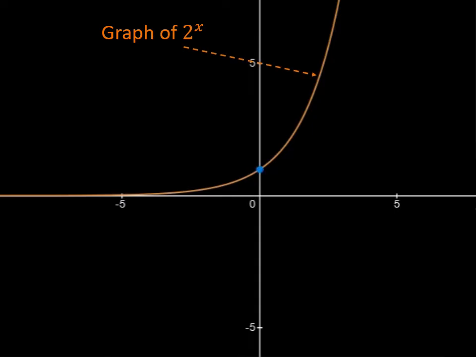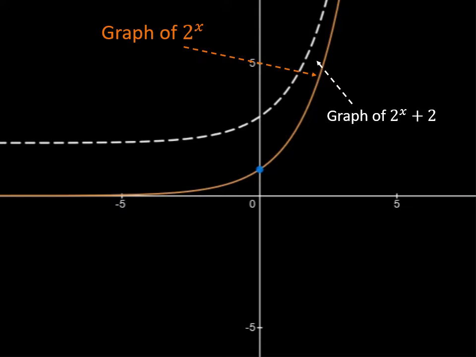Another example of transformation. We have the graph of y equals 2 to the power x. This time we're going to do a vertical shift. So this is the graph of 2 to the power x plus 2.